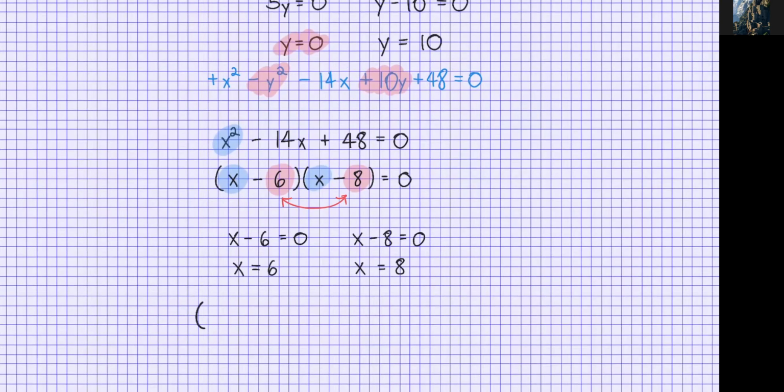So my first point will be 6, 0, and then 6, 10. Now for my second set of points, I will have 8, 0, and 8, 10. And this is my final answer.